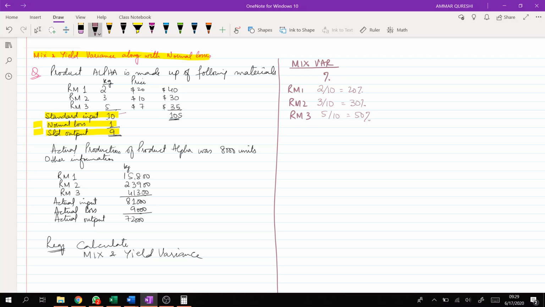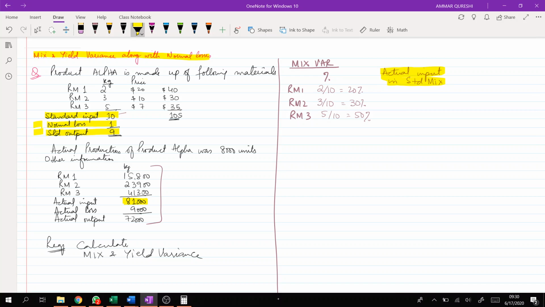Then we calculate actual input in standard mix. First of all, you have to identify what the actual input is. Actual input of raw material 1 is 15,800, raw material 2 is 23,900, raw material 3 is 41,300, and this figure represents total material input, right? So we have to consider actual input in a standard mix. So actual input means what?